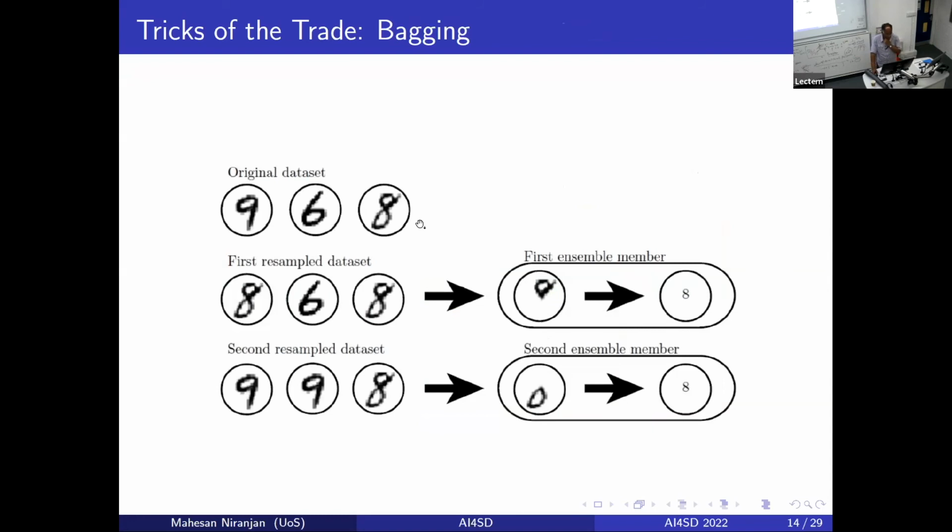Bagging is an extremely important thing. In any learning scenario, if you have multiple models trying to solve a problem, and if those models make uncorrelated errors, then a combination of those results is always better than any of the individual ones. That's something fundamental.